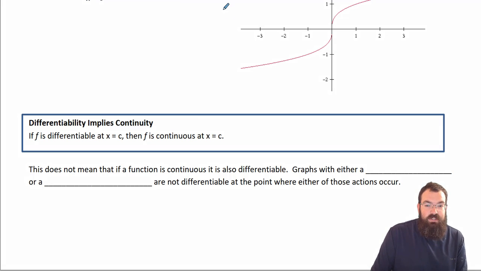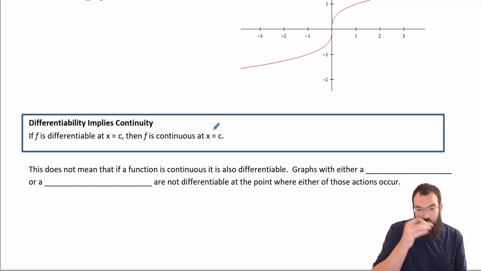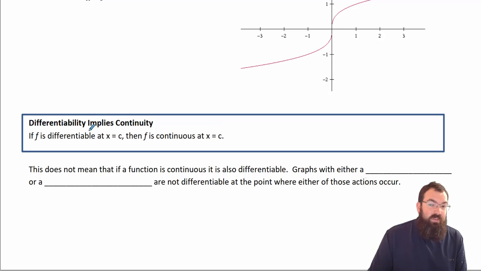We talked about some other theorems, like the intermediate value theorem, and we'll get into more of that, and the mean value theorem and all the other theorems we've talked about. But differentiability implies continuity. So if a function is differentiable at this point, then we know it has to be continuous, but not the other way around.